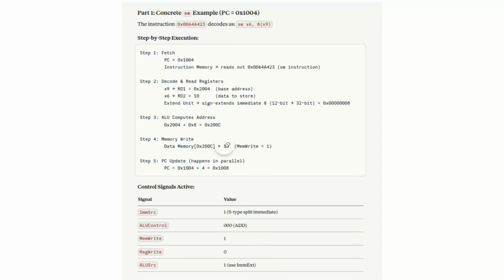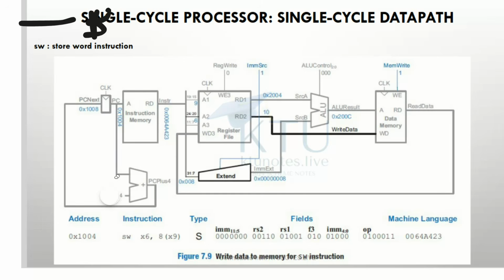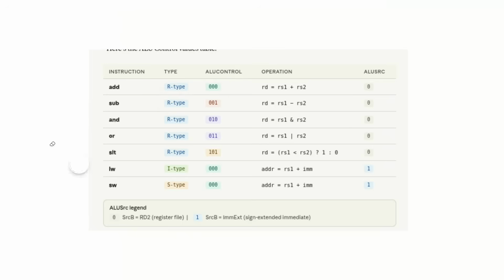In this address you are storing the value 10. Now again you update the address, and the next instruction would be at 0x1008. Next you have to understand what would be the value in 0x1008.